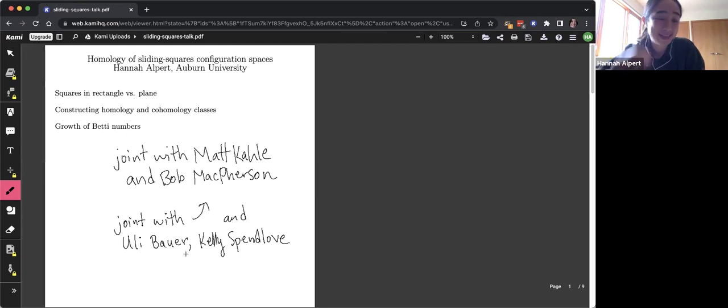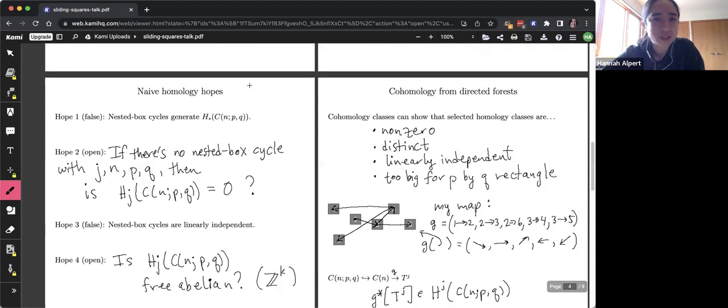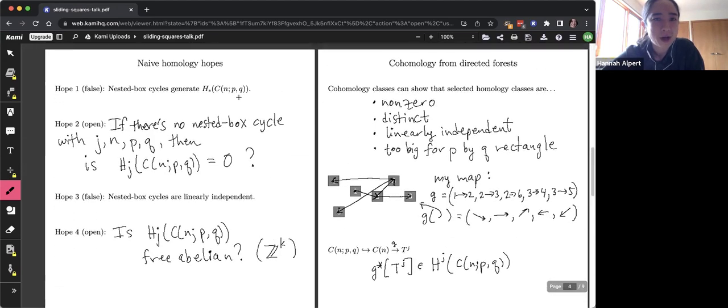But that was helpful for starting to think about these conjectures, like the naive homology hopes, the thing that it doesn't seem like you get homology when there's no nested box cycle, which we wouldn't have been able to have really any support for without those computational experiments, because how do you tell there's homology that you didn't realize how to draw?